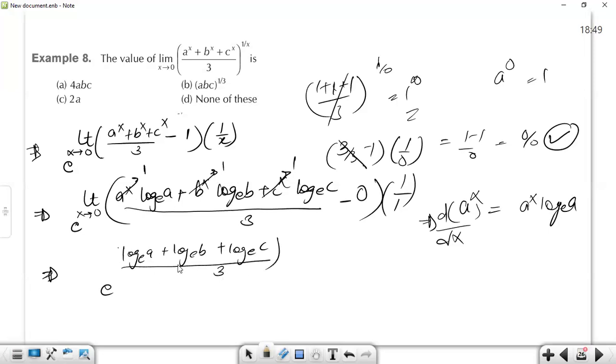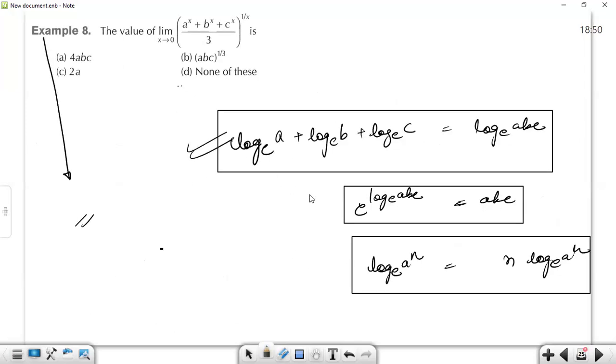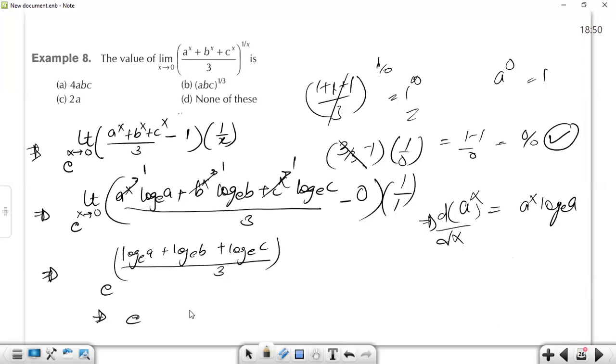Okay, the remaining is 1, so it's irrelevant to write it. As discussed earlier, we have seen this formula, so we can write it directly as logarithm of abc with the denominator of 3.